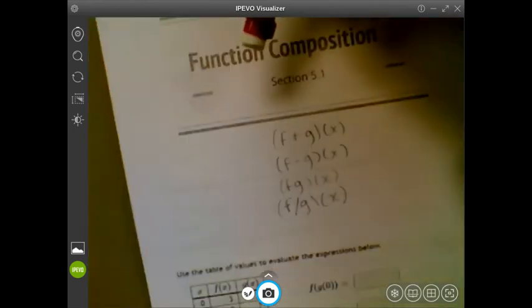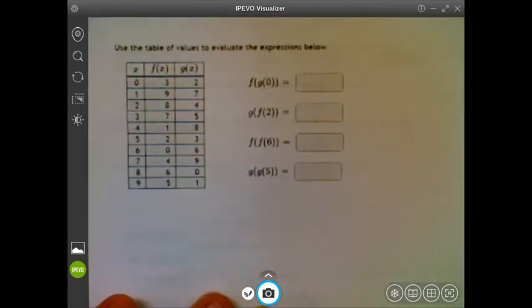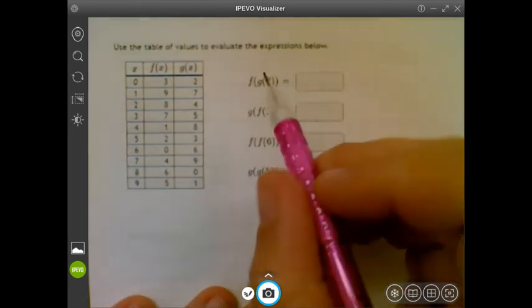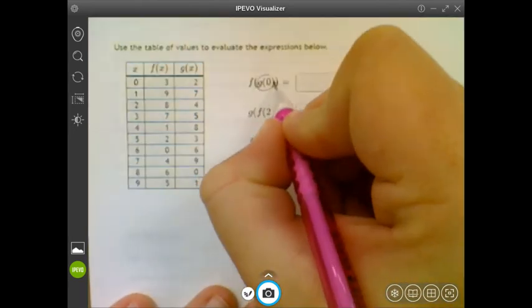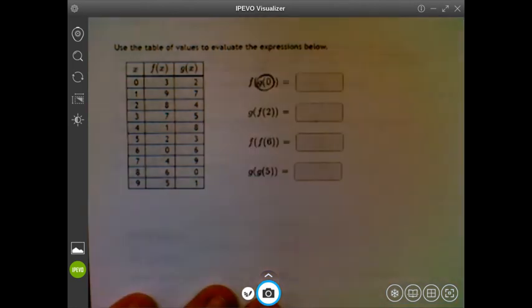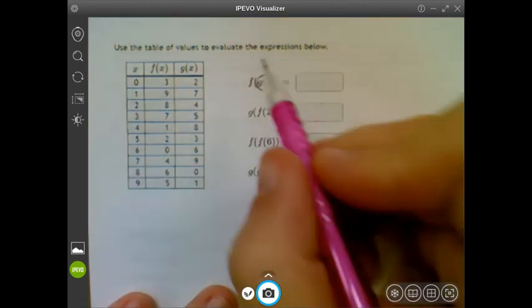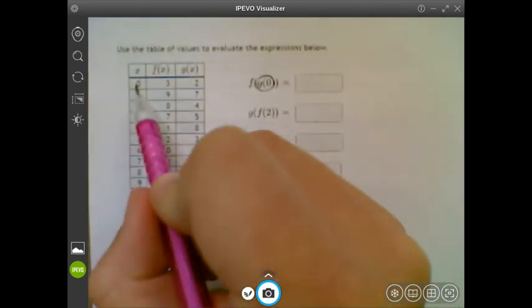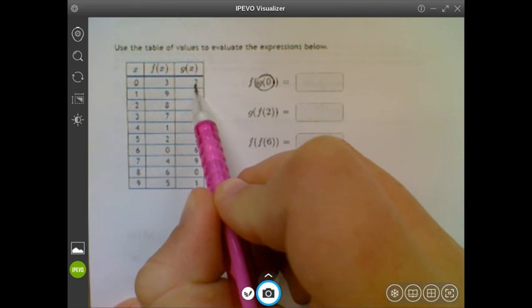All right, here are a couple of questions to get us started. These are compositions. It's technically this function being plugged into the other function. First we're going to find g of 0 using our table. Where x is 0, g of 0 would be 2.